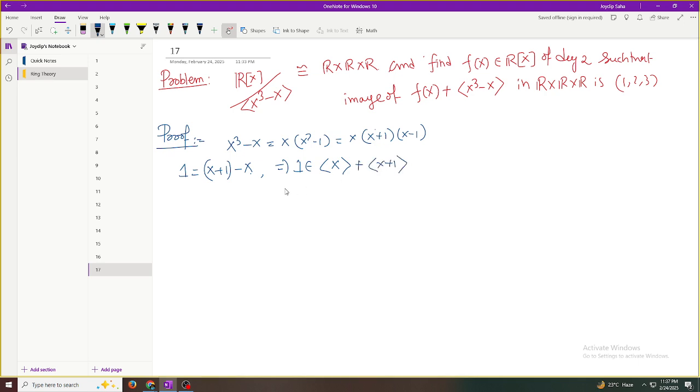Again one can write 1 belongs to the ideal generated by x plus the ideal generated by x minus 1, and one can write it as half of (x plus 1 minus (x minus 1)). So they are pairwise co-maximal.